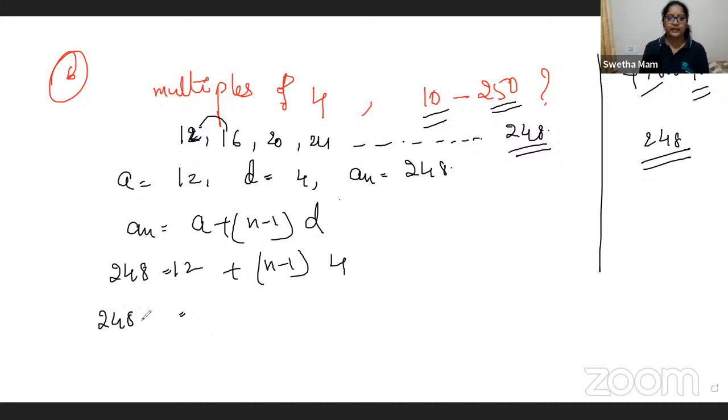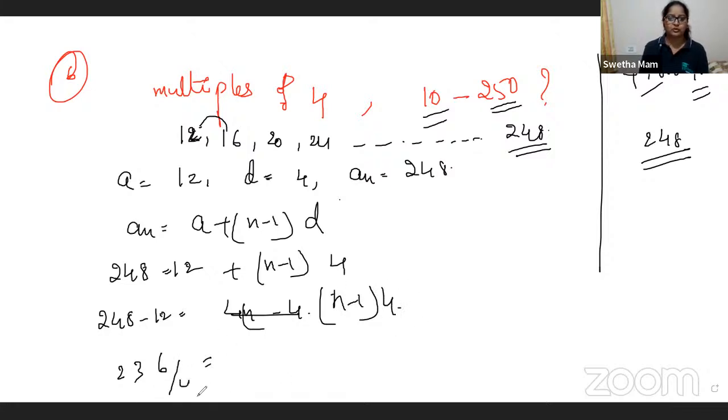Then 248 minus 12. So don't take this 12 to the denominator. It is minus 12. So 236 is equal to n minus 1 into 4. Don't write this as it is.